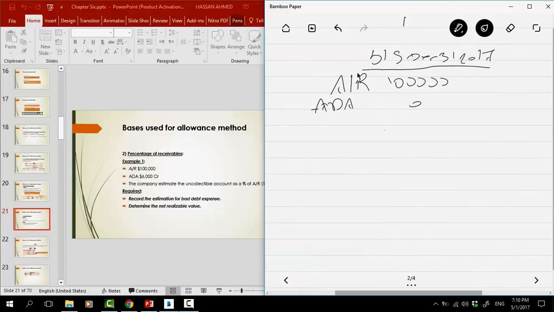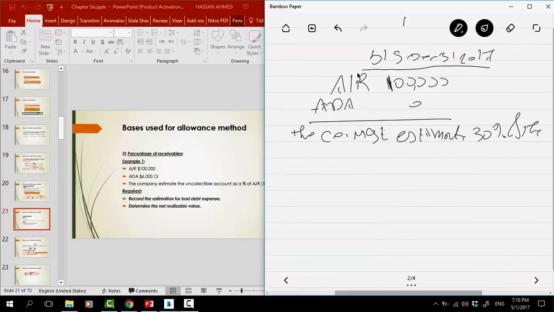We want to make the estimation for the next year. Then given in the problem, the company management estimates 30% of the accounts receivable to be uncollectible.